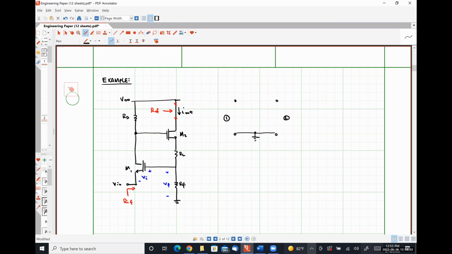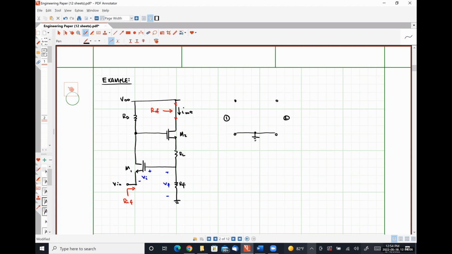So our output current I out here, our drain current, all of it flows through M2, all of it flows through RL. And then this is where things get a little wonky, but we know that our output current is going to flow through our feedback resistor RF, which is in turn going to influence our signal VI, right?